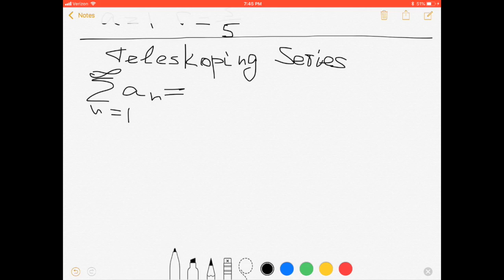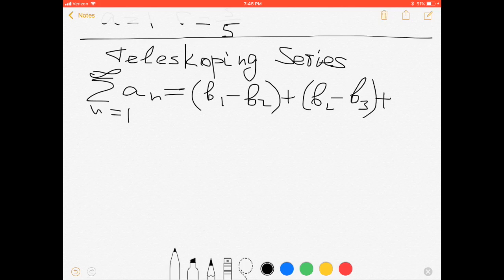If you can rewrite your series this way, where you have b1 minus b2 plus b2 minus b3 plus, and this continues, then this kind of series we call telescopic series. And looking here, this means the partial sum of this series is first term minus the n plus 1 term.